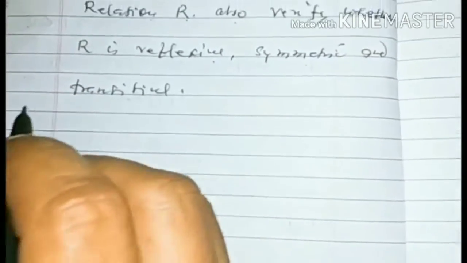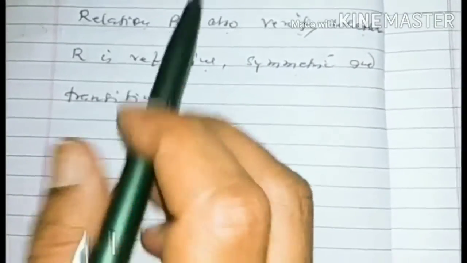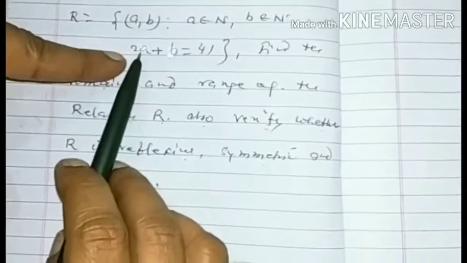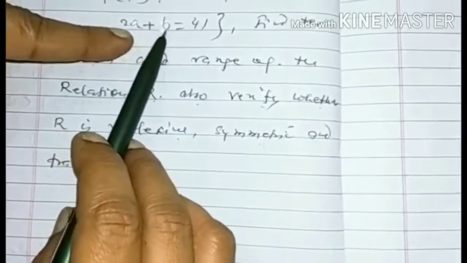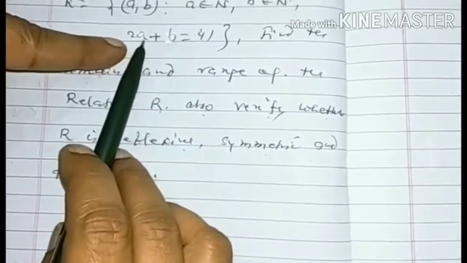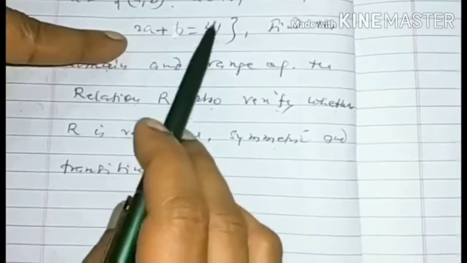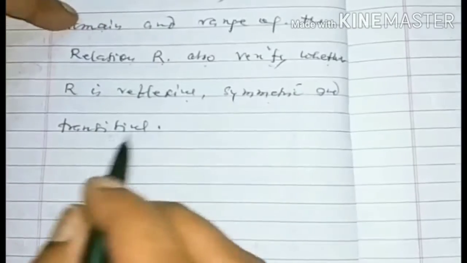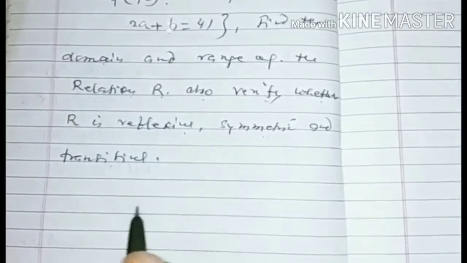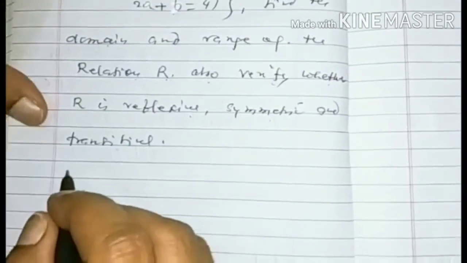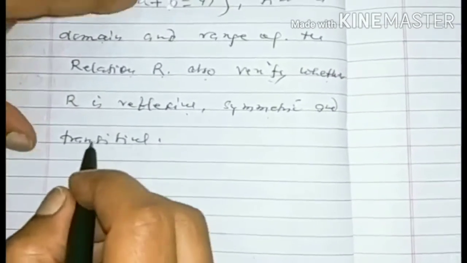Now we have to choose A and B such that, after putting the values of A and B, the condition is satisfied. A and B belong to the set of natural numbers, therefore we start with A equal to 1.